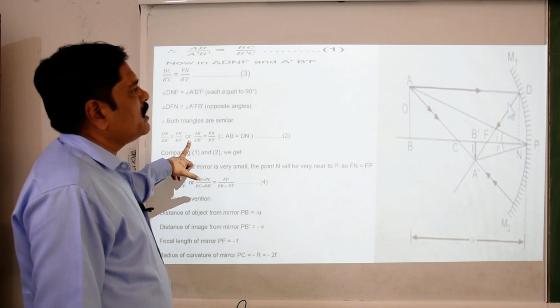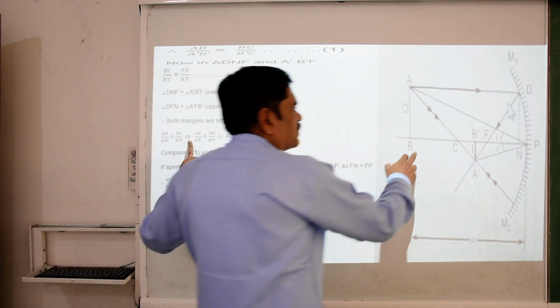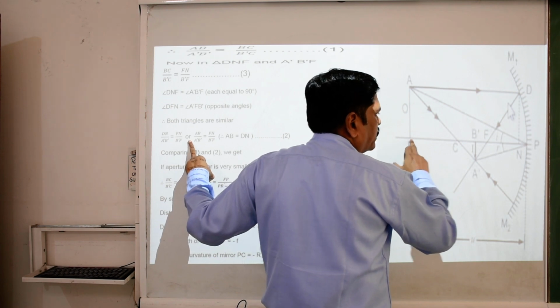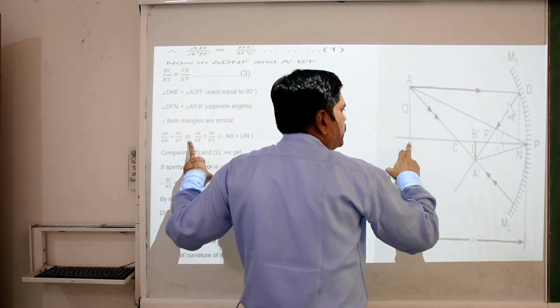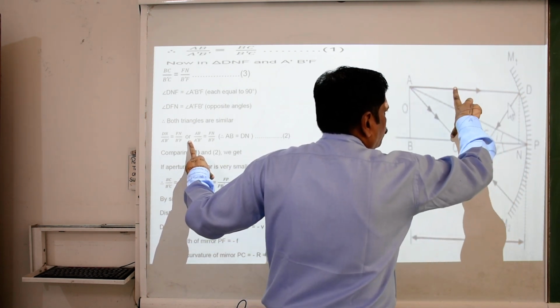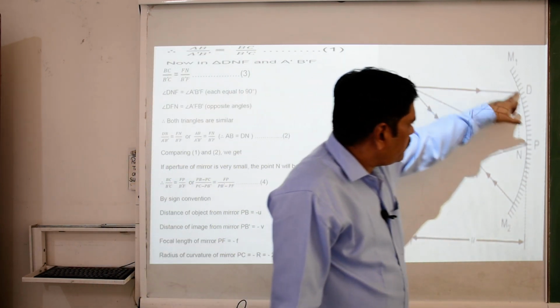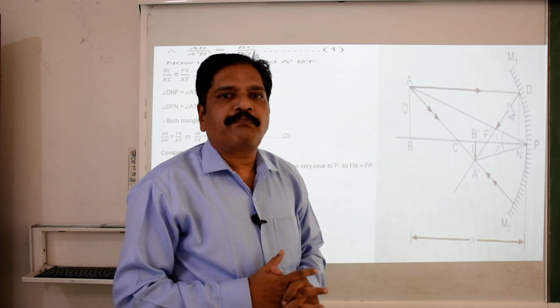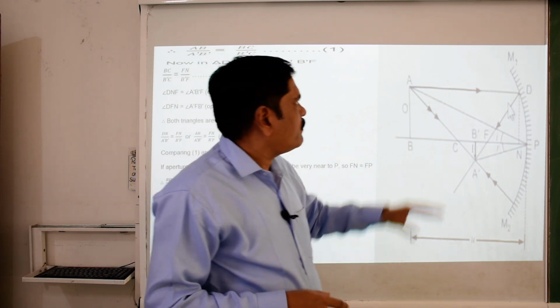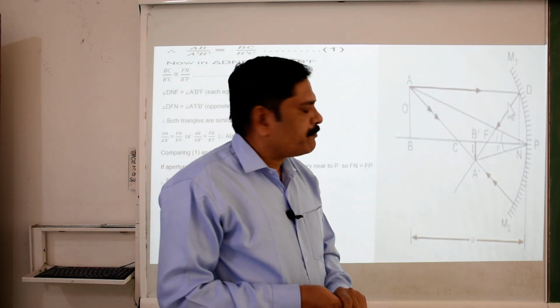Clear? Now here we can see that these two lines, BN as well as AD, these two are parallel to each other. Okay, and AB and DN, these two are the perpendiculars which are dropped from AD on the BN. Clear?